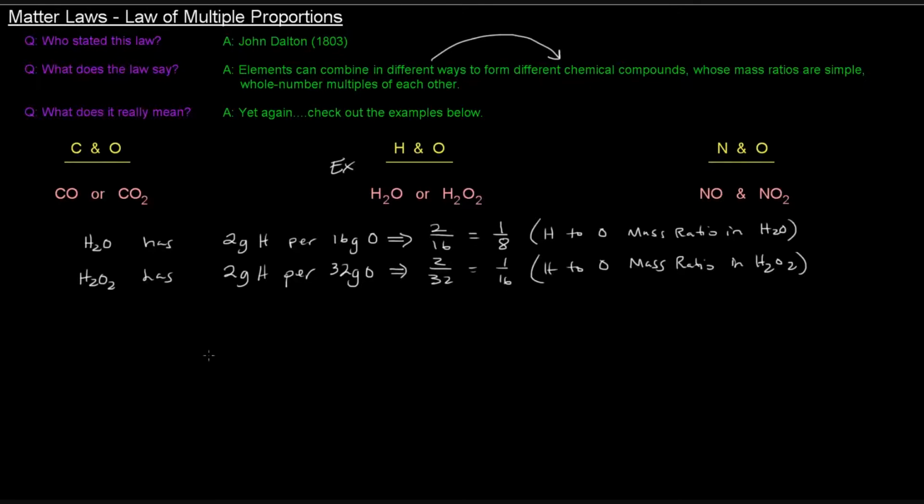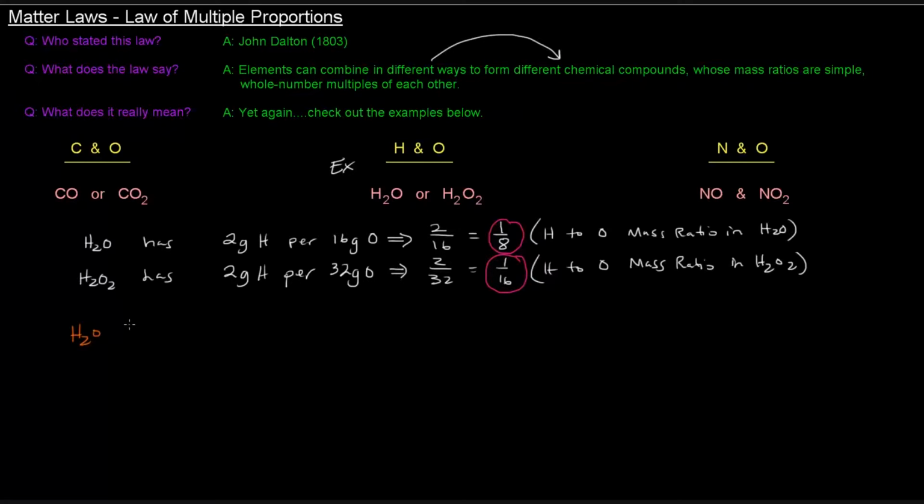Now what we're going to do is take each of these mass ratios, the mass ratio for water and the mass ratio for H2O2, hydrogen peroxide, and divide them.